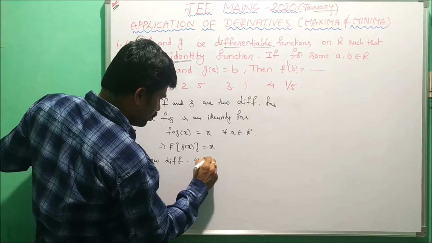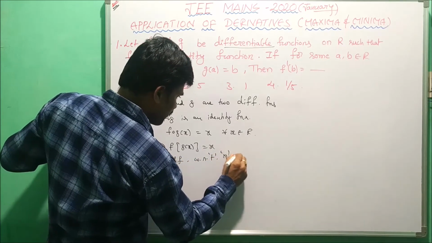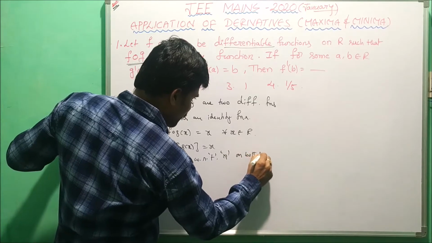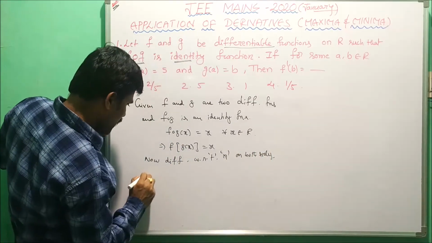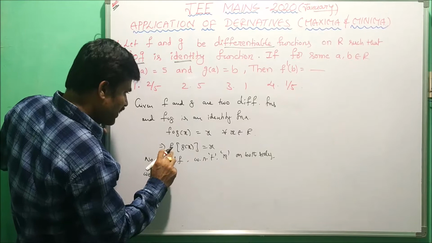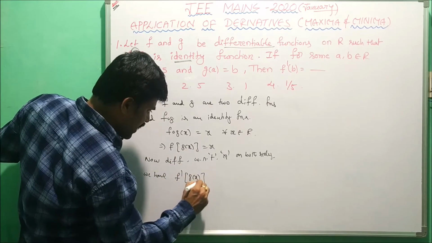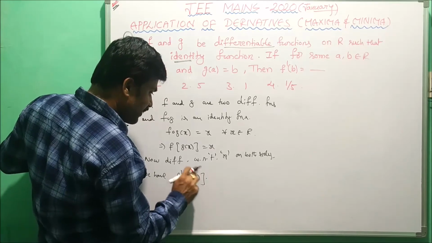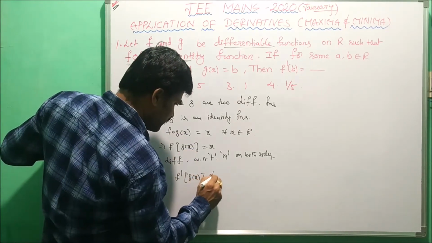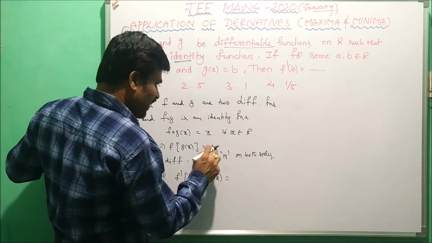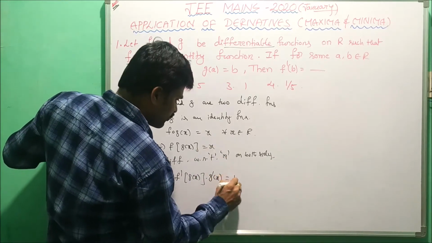Differentiate with respect to x on both sides. We have f of g of x, that means f dash of g of x, and we write the derivative of g of x, that is g dash x, equals, on the right side, the derivative of x, which equals 1.